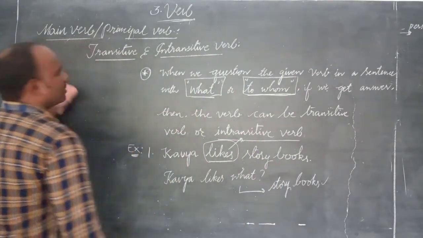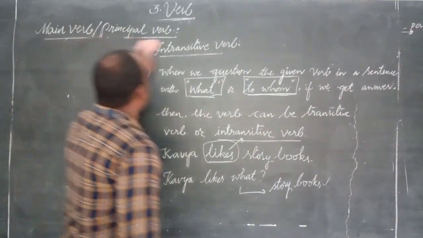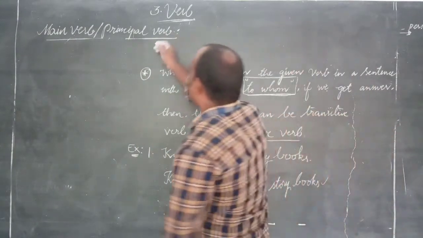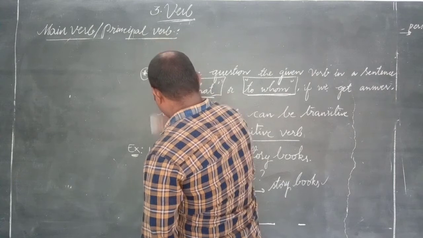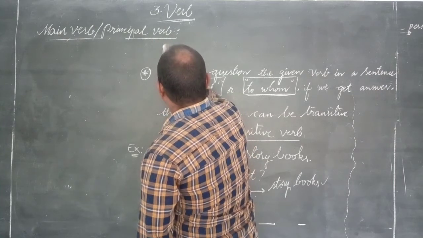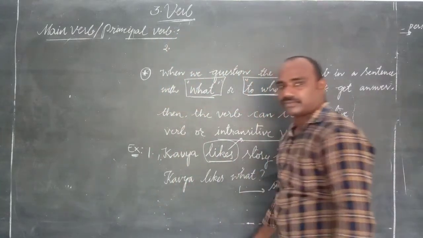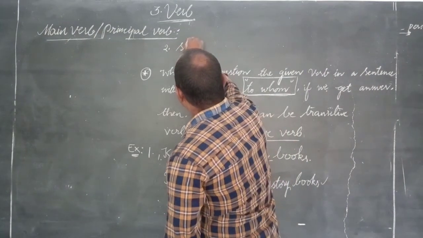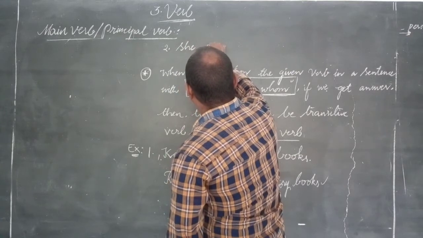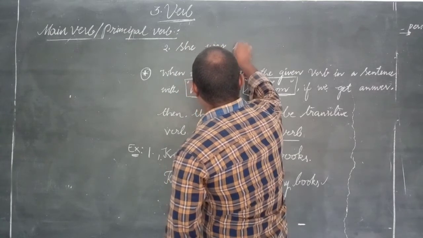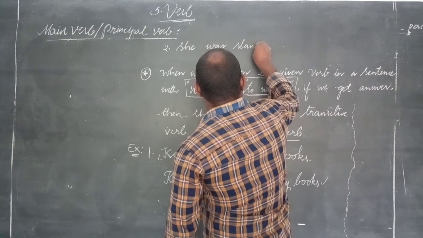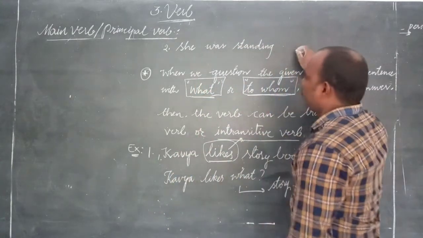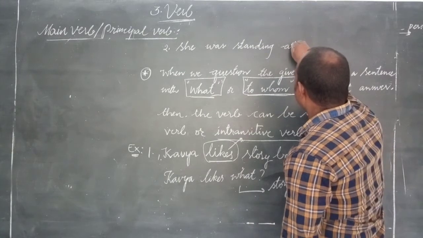One more example. I'm writing here because there is a space at the bottom of the blackboard. See, second example. She was standing at the door.